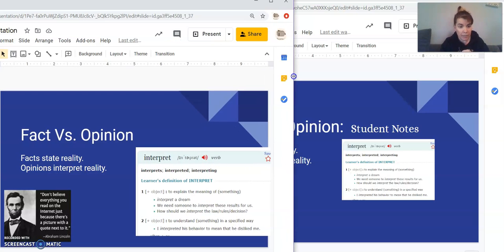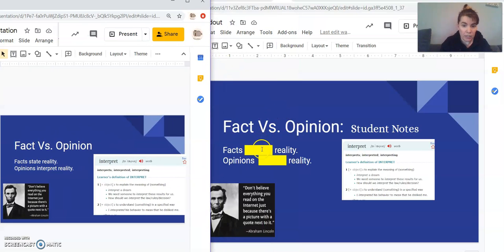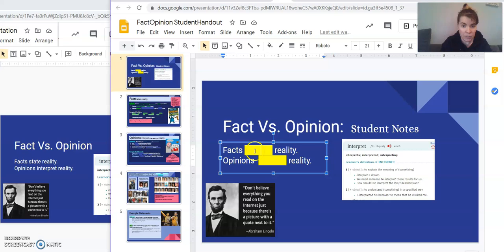Facts state reality, opinions interpret reality. I'm going to go ahead and plug that into my blanks. If you double click on the blank, then the whole thing goes away, or just click on it and type it in there. It really doesn't matter, whatever makes you happiest.